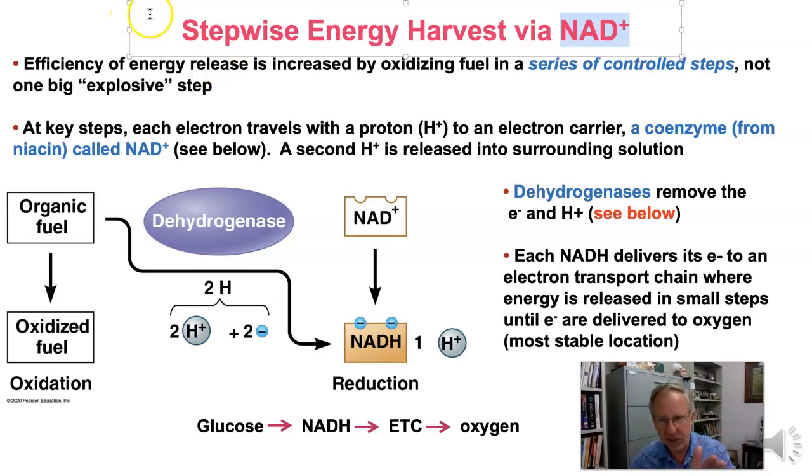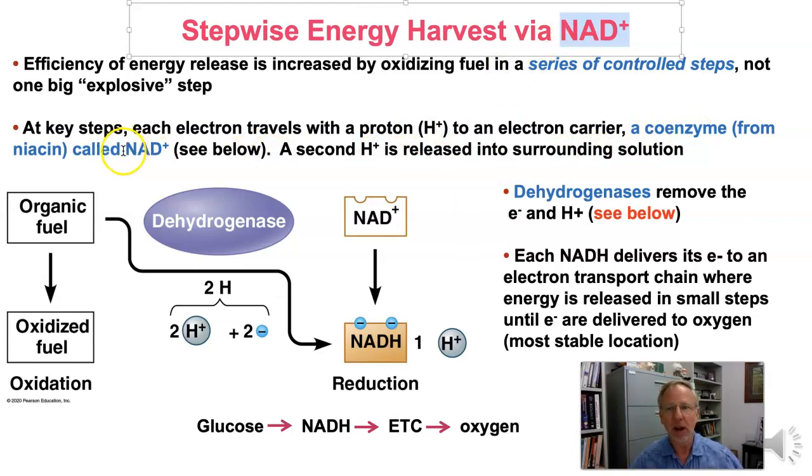There's a whole series of chemical reactions, one after the other, that your cells are carefully controlling. And so the energy is not released in a big explosive step, which would kill your cells and damage cells, but the energy is released in little chunks, little steps. And NAD helps to do that. It helps to move electrons around and release the energy in small steps.